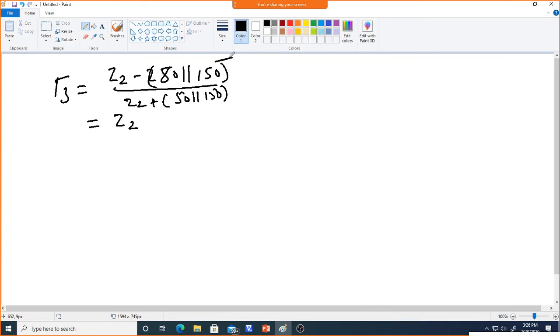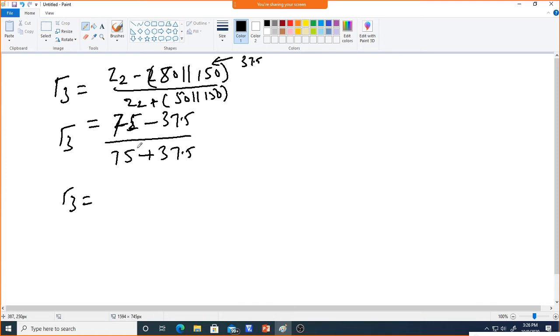This will give around 37.5. Z2 will be 75 as we know, and 75 plus 37.5. So you will get gamma 3 equal to around 0.3. You can calculate that also.